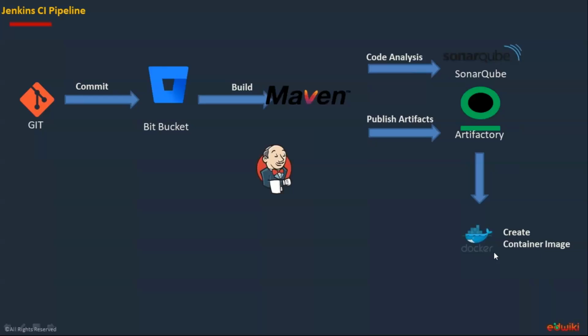Let's say you get an image from Docker Hub, that is just software, the dependencies and the minimal OS. You will not get any source code, right? The source code is very specific to your project. That source code is built and created as an artifact for you. That artifact, you now copy into the Docker image and create an image out of it.